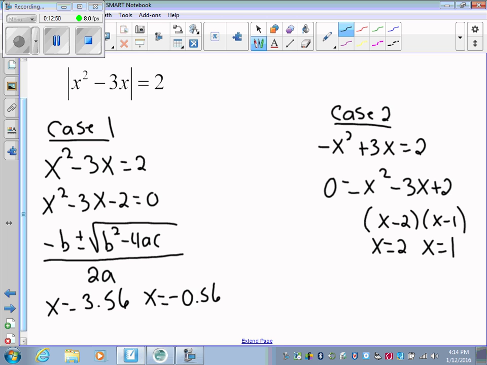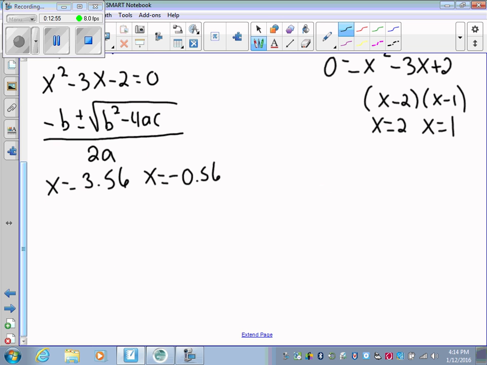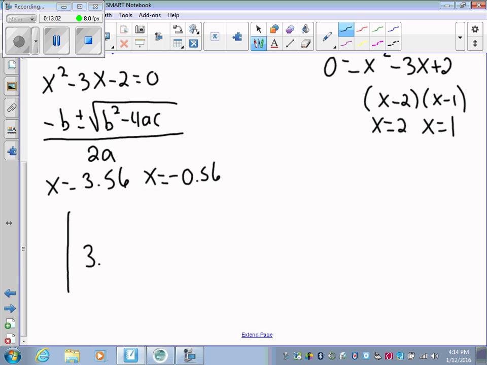Now we need to verify all four pieces in the original equation to see if it works. So our equation is x squared minus 3x, and that should equal 2. So 3.56 squared minus 3 times 3.56.